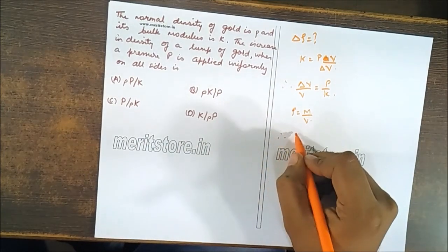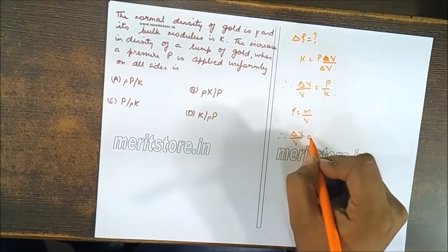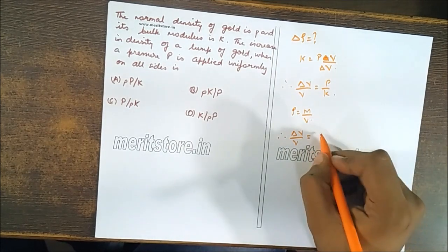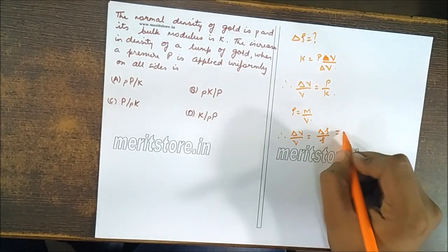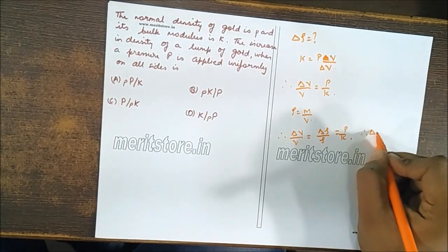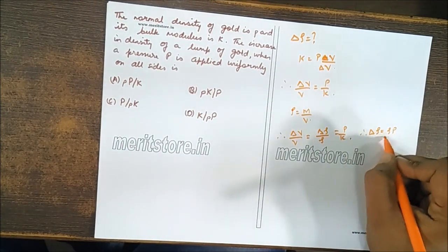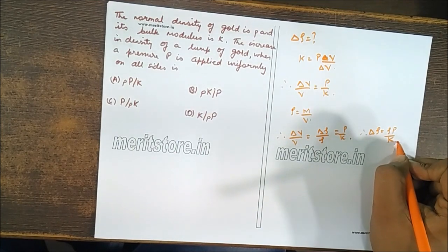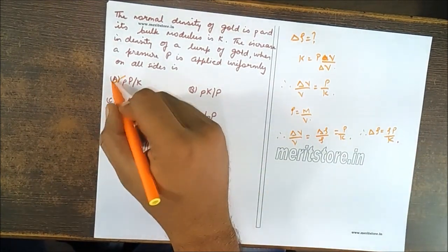So therefore delta V upon V is equals to delta rho by rho, that is equals to P upon K. So therefore delta rho is equals to rho P upon K. So rho P upon K, option A.